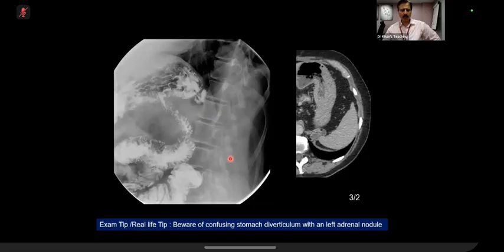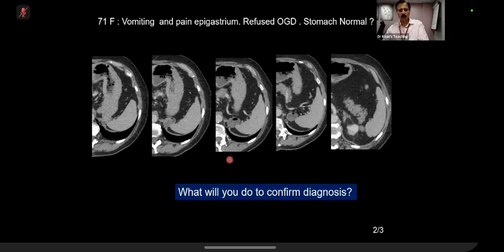The second most common site is close to the lesser curvature posteriorly, and classically it will extend posteriorly where the adrenal sits. Many a time you can be confused because it will be abutting the adrenal. It all depends if there is fluid inside.